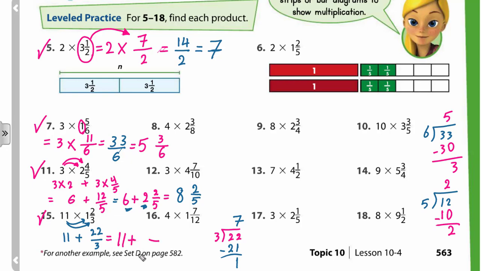7. 7 is the whole, right? Yes. And 1 is the numerator, so it's 7 and 1/3. Okay, now add them. 11 plus 7.